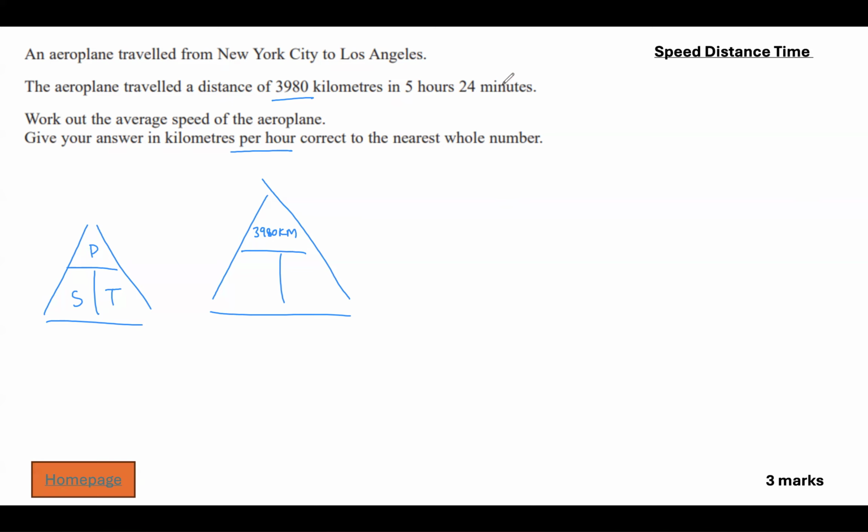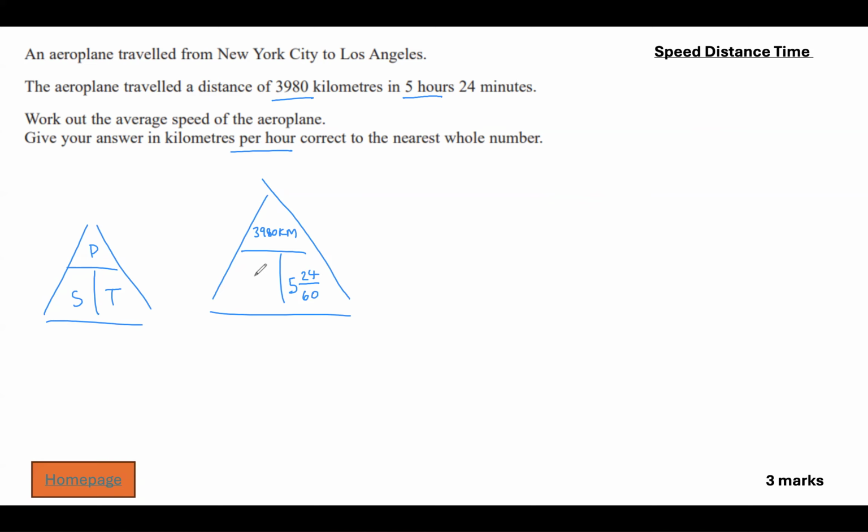To convert this into hours, we simply need to write it out of 60. So the time is 5 and 24 over 60. So we can write it as a mixed number. And this is an important little trick to do when you're converting minutes into hours.